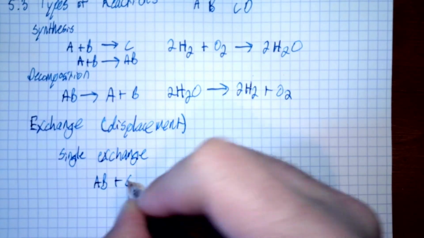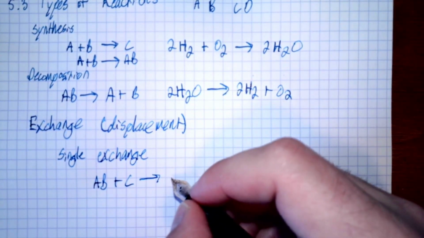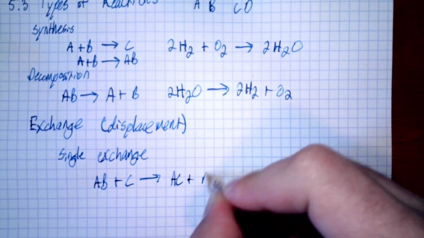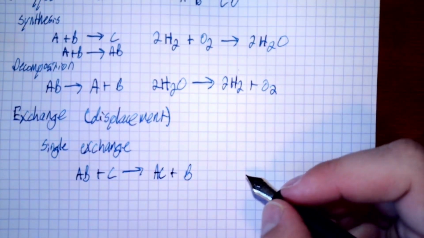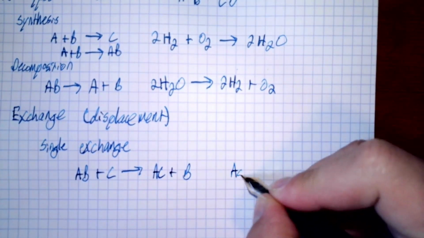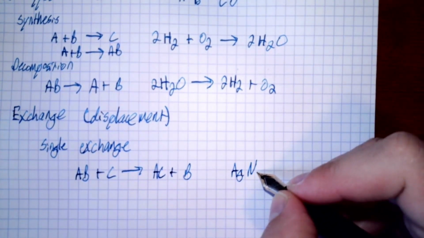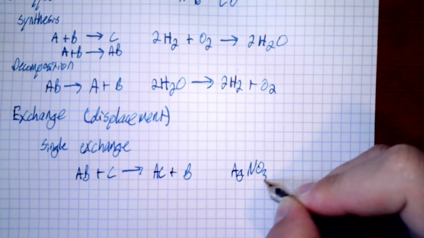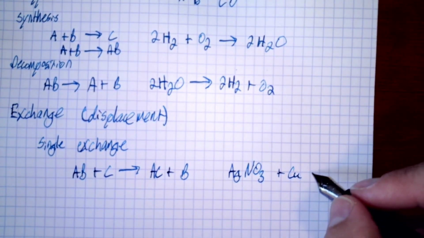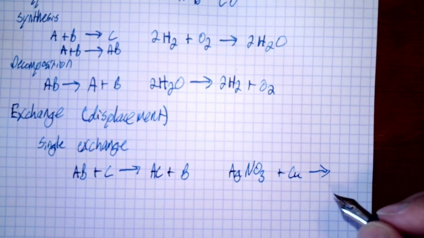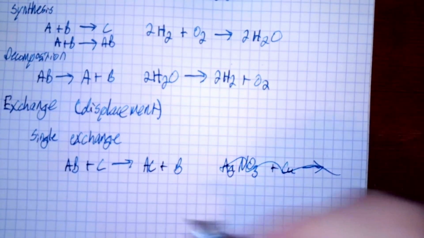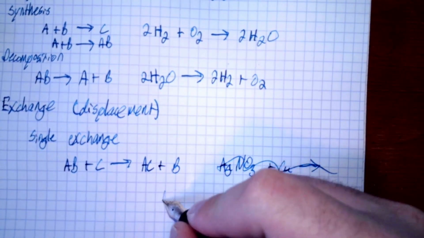AB plus C reacts to form AC plus B. Right? Here's a good example of this. Let's say we have silver nitrate plus copper. That's going to react to form... Let me write this down on this line so that I don't run out of room.